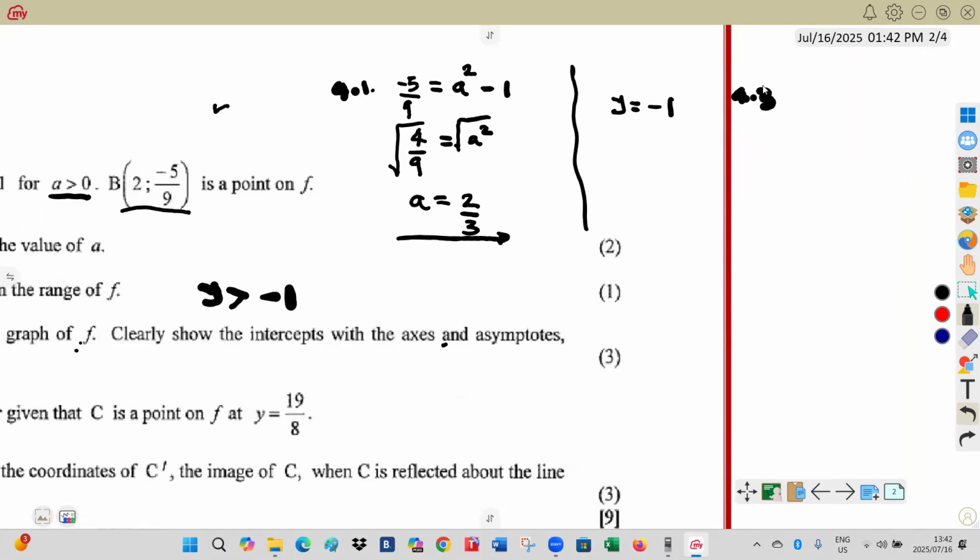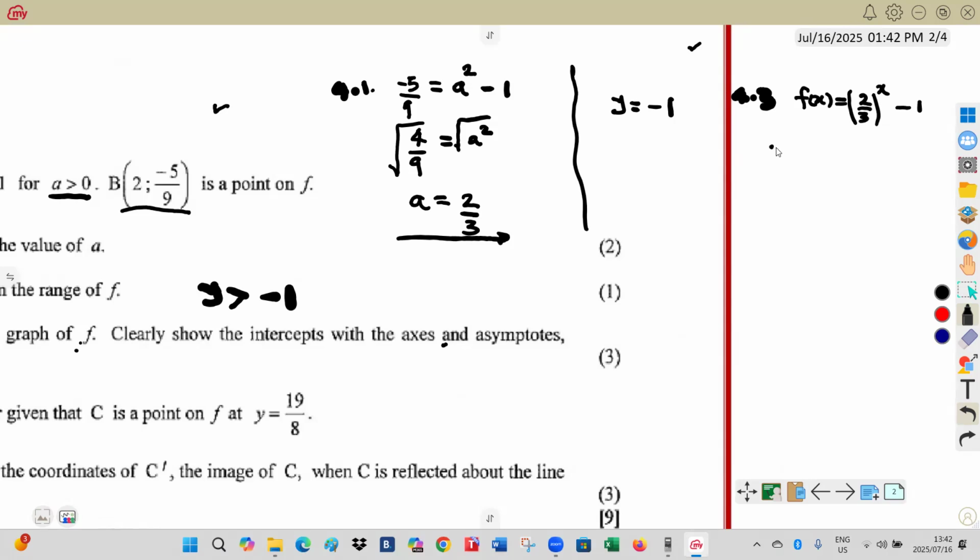Our graph is fx is equal to 2 over 3 to the power x minus 1.